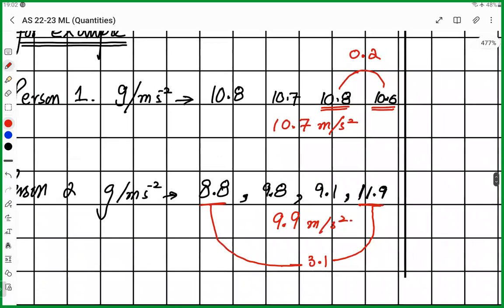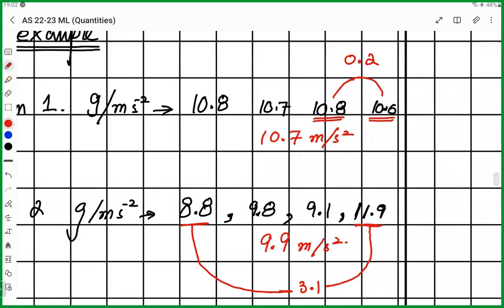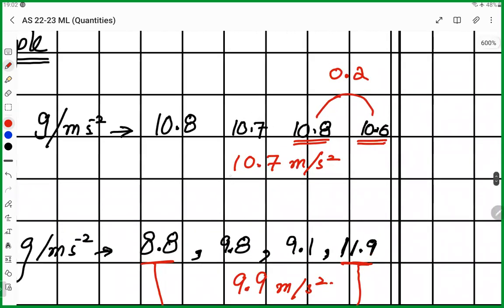Now pay attention over here. Look at the first person. Is he accurate? He's getting gravitational acceleration on Earth as 10.7. Do you know what is the true value of gravitational acceleration? 9.8. So this person is about 1 meter per second square off, around 10% off.